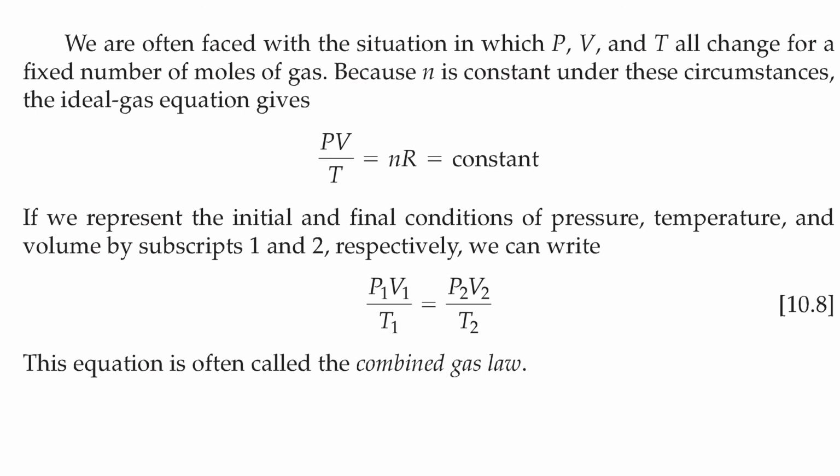Because n is constant under these circumstances, the ideal gas equation gives PV over T equals nR, which is a constant. If we represent the initial and final conditions of pressure, temperature, and volume by subscripts 1 and 2, respectively, we can write P1V1 over T1 equals P2V2 over T2. This equation is often called the combined gas law.